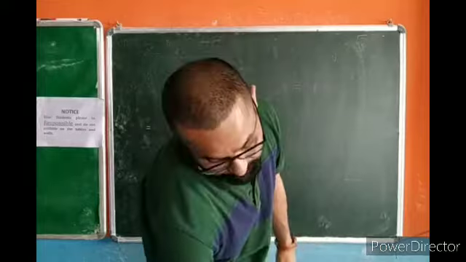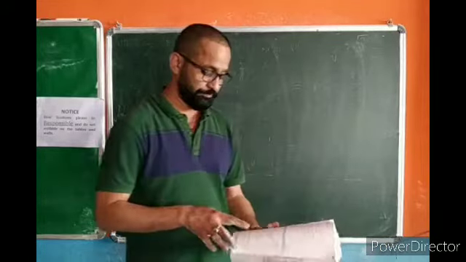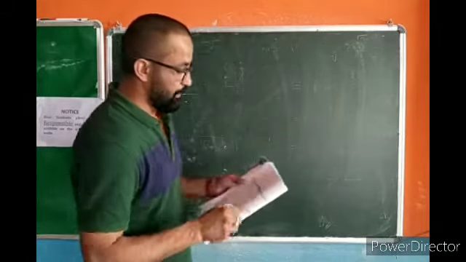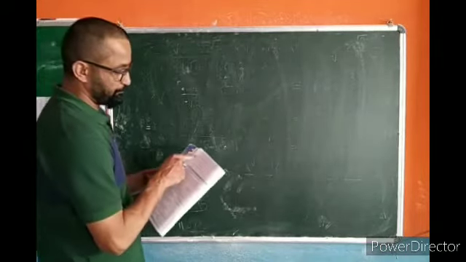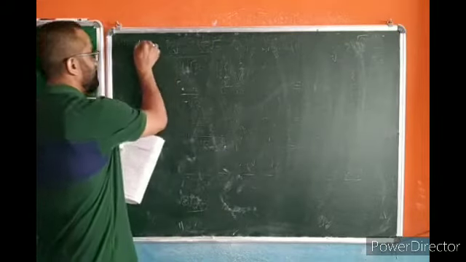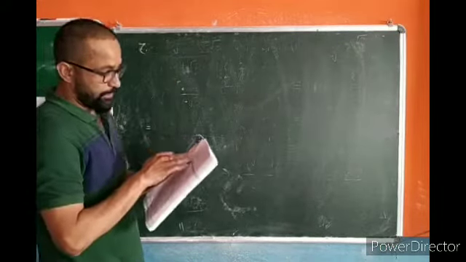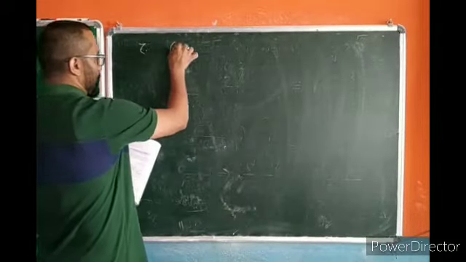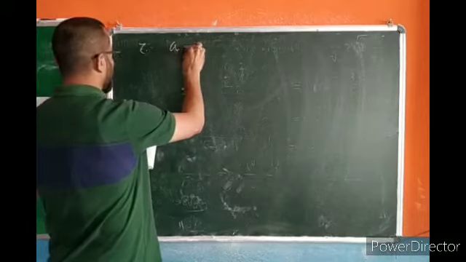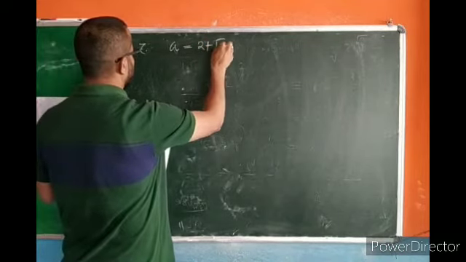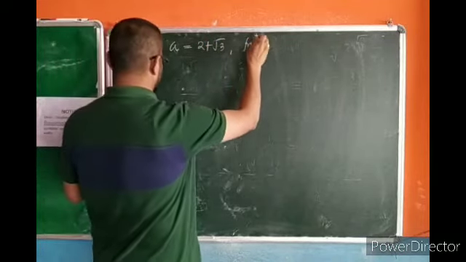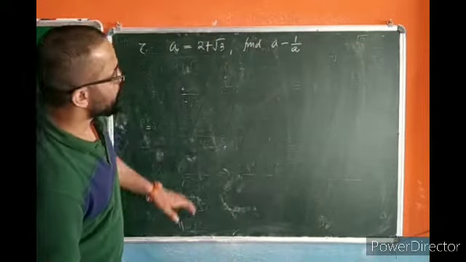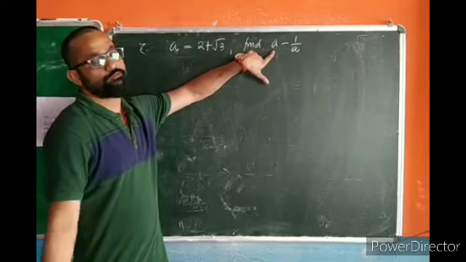Let's do one more sum. Let's do question number 7. I'll do 7 and then I'll do 10. The question says that A equals 2 plus root 3. Find A minus 1 by A. Since A is already known, you don't have to do anything.